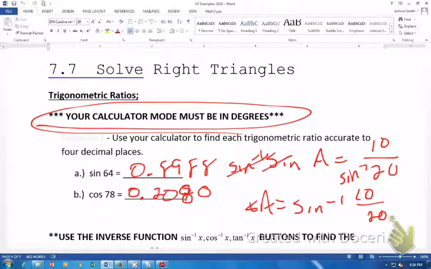Where regular sine, cosine, and tangent need an angle measure, inverse sine, inverse cosine, and inverse tangent need a ratio value, either in the form of a fraction or a decimal. Either one, it doesn't matter. For most of you, you're going to find the inverse sine right above your sine, cosine, and tangent buttons. Okay?